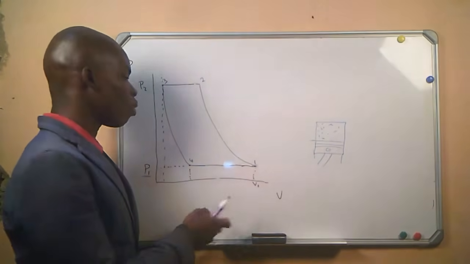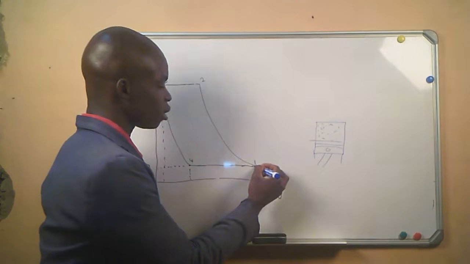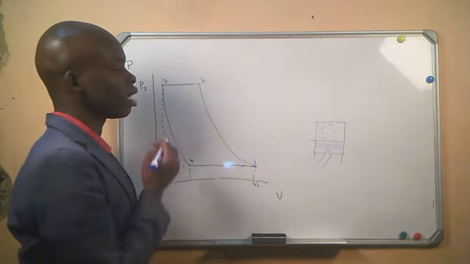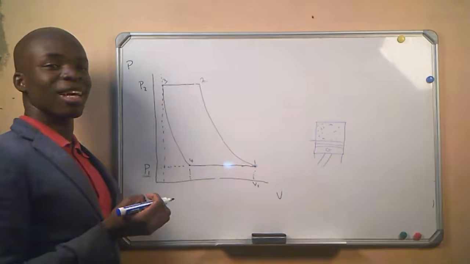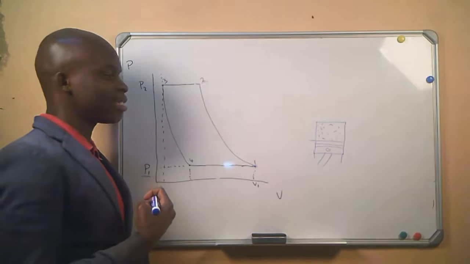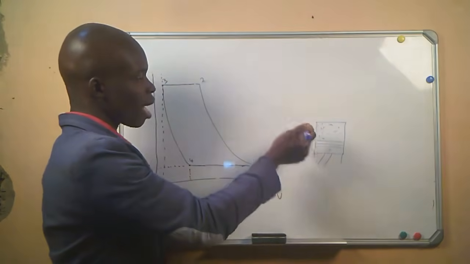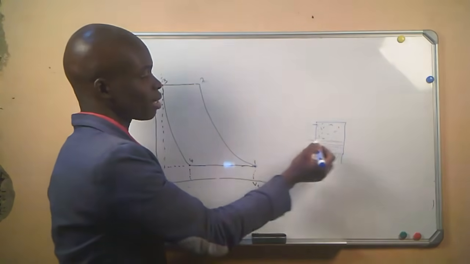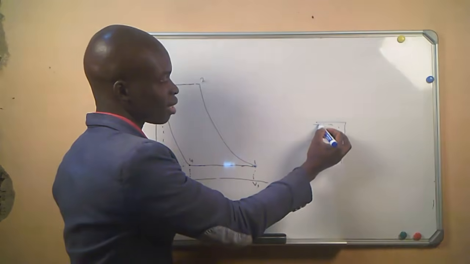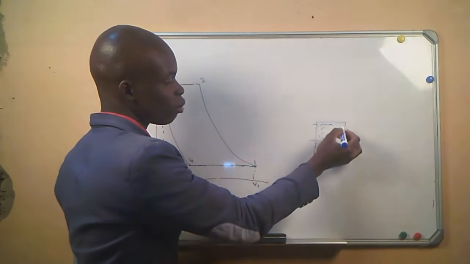And now from number 1 to number 2, the piston is compressing the air that is in the cylinder. The piston will move up until a certain point, which is the top dead center.